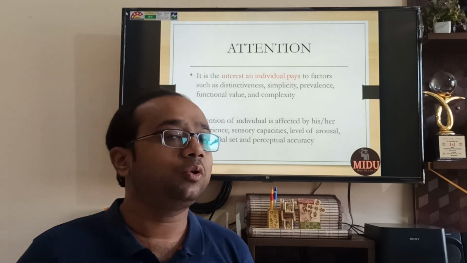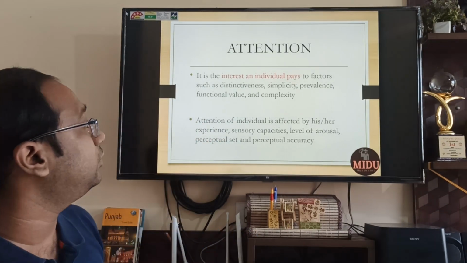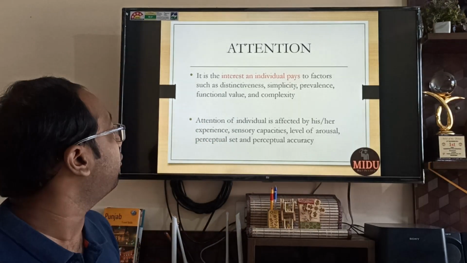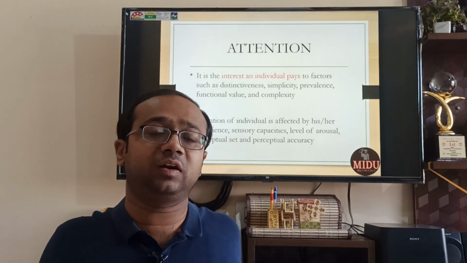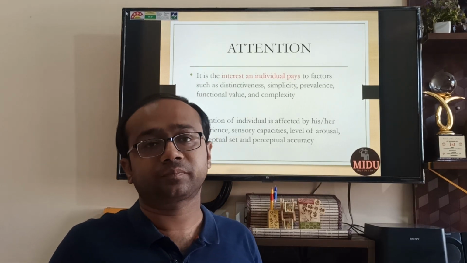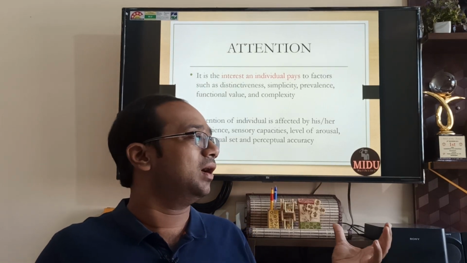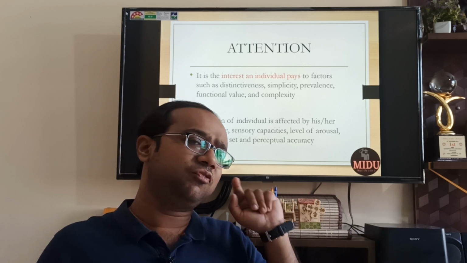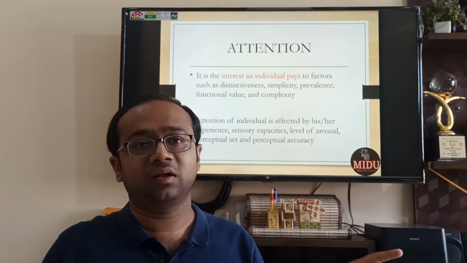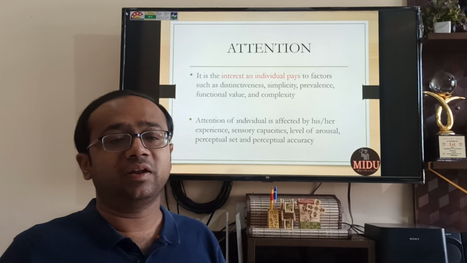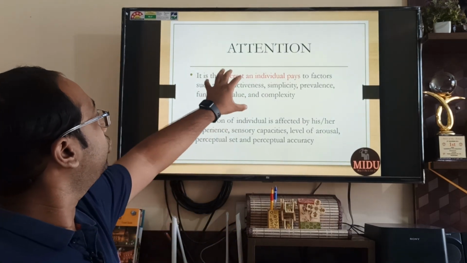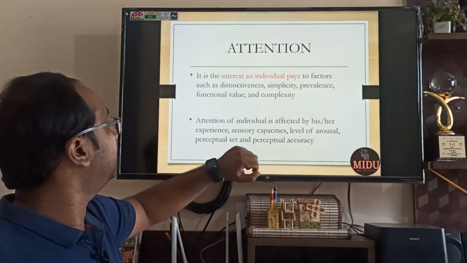So how distinct one thing is from the other, how simple things are, what is the functional value, what is the complexity. Whenever you go out, you will see, okay, this is a scenery, it is different from that particular thing in this manner. Your mind starts that comparison. This is distinctiveness. So this is the interest that you pay, known as attention.